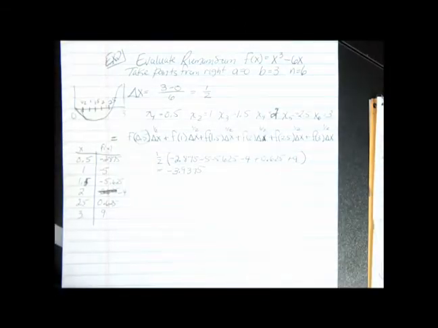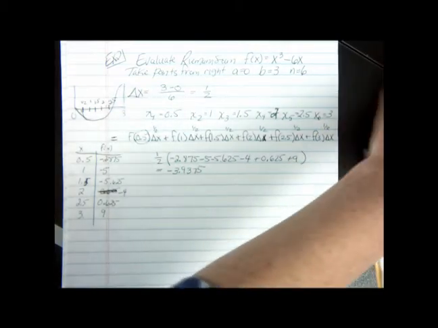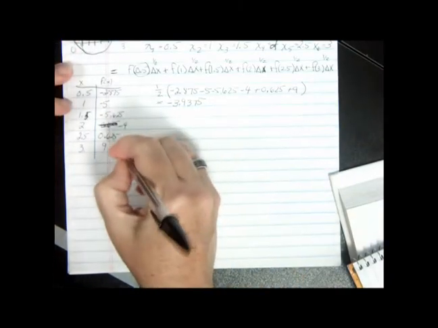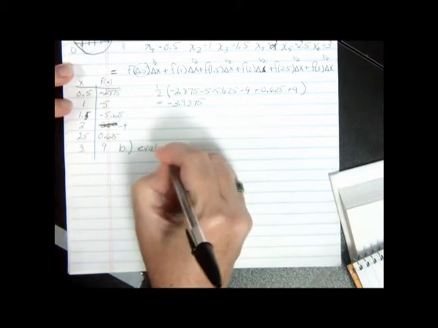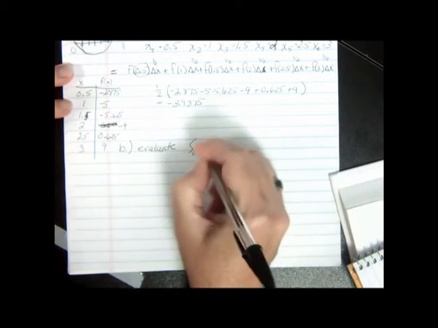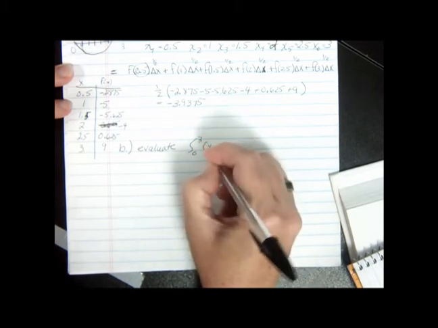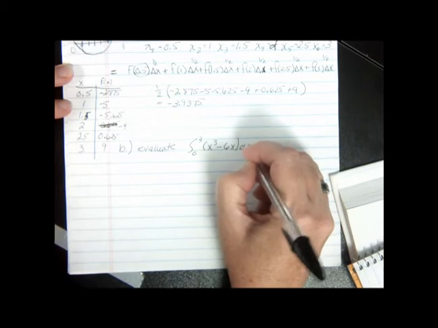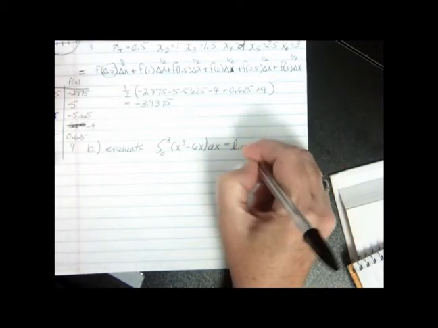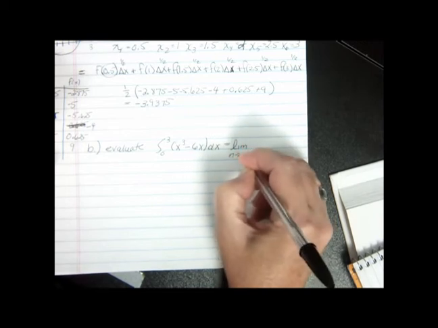All right, now part B says evaluate this as an integral. So I'm going to evaluate from 0 to 3, x cubed minus 6x, and this is where those of you that have had calc before are probably shaking your head and saying, why are we going through all this when I know how to solve this quickly?